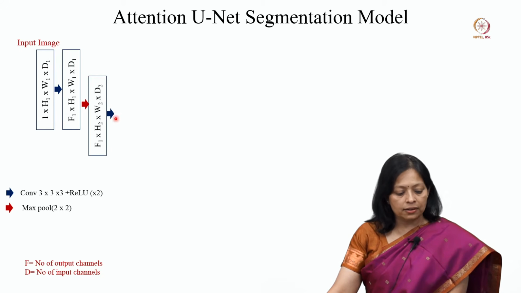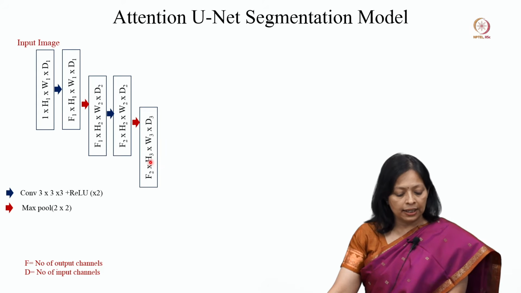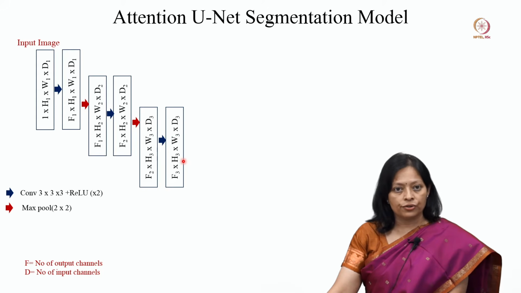Then we have another 2 layers of convolution with the same spatial dimensions, and then again a max pooling layer where the dimensions get reduced, and again 2 layers of 3 cross 3 cross 3 convolution, with the spatial dimensions maintained, because 3 cross 3 convolution doesn't change the spatial dimensions.